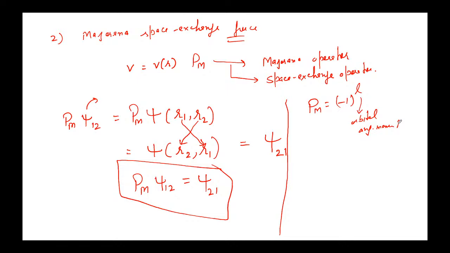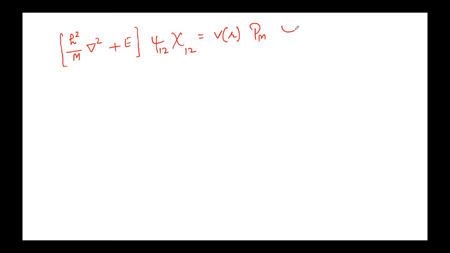And from that you can write the Schrodinger wave equation for this Majorana operator. Psi 1 2 is the position coordinate, so this is our space coordinate, and this is our nuclear potential, this is our operator.